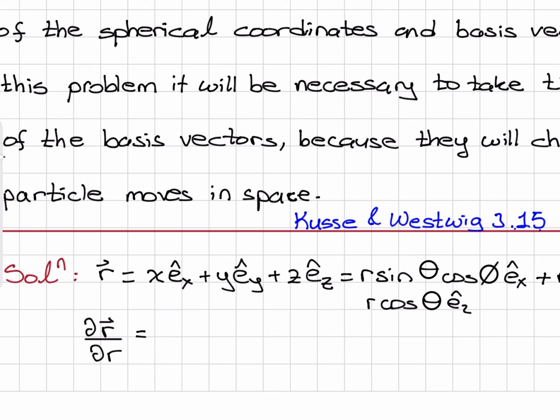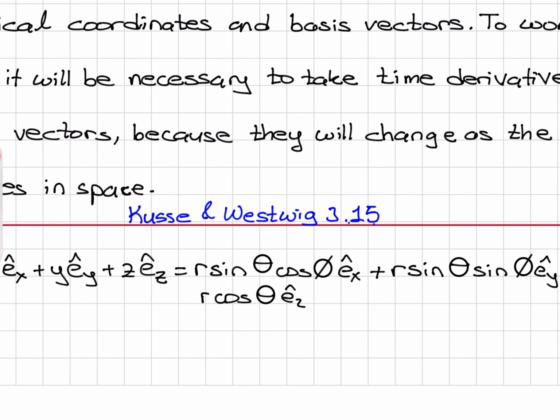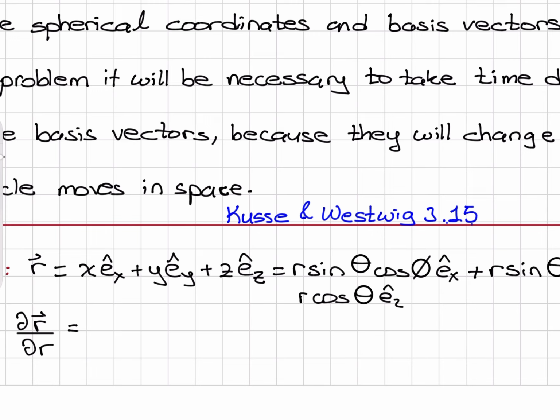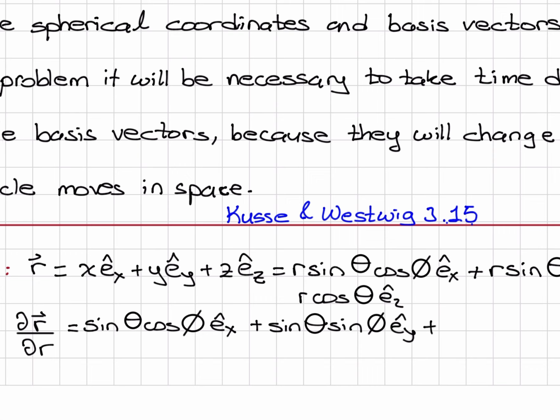This will give us, because we have only r's as a pre-multiplier for each term, so this will just get rid of the r's in each term, and it will give us sine theta cosine phi in ex hat direction, plus sine theta sine phi in ey hat direction, and then we have cosine theta in ez hat direction.